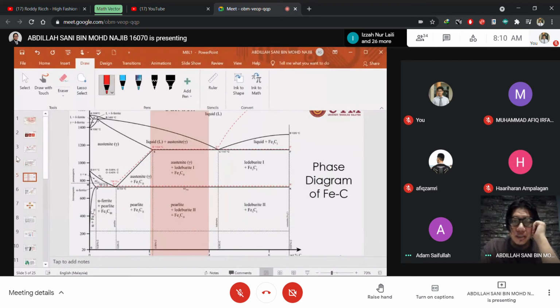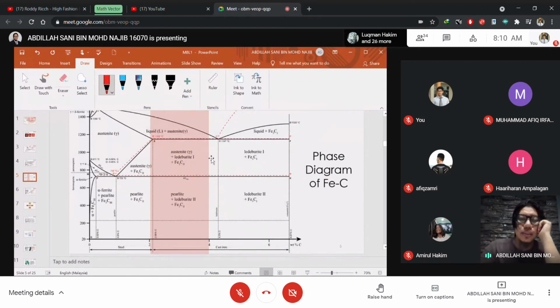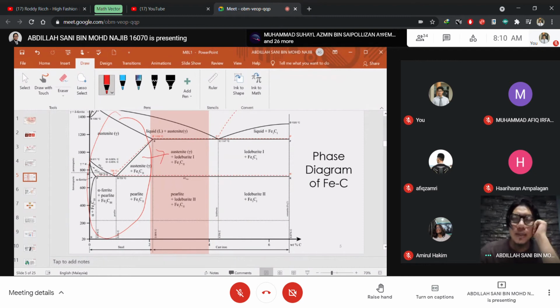All right. So if we take a look at the phase diagram, here is the steel. This side is the steel. And we look at this right hand side.